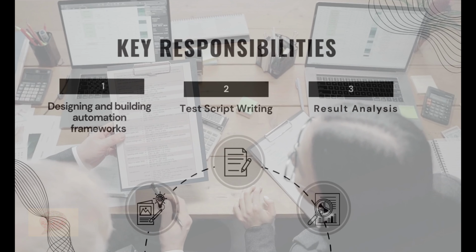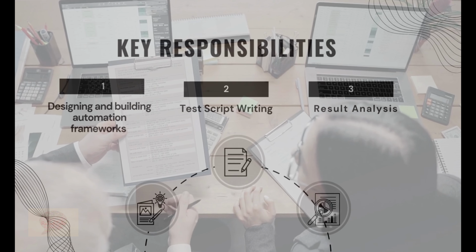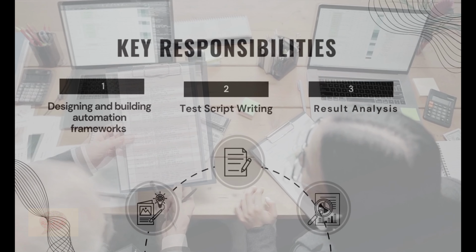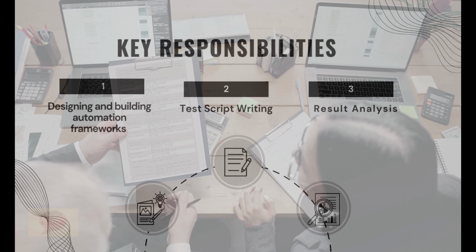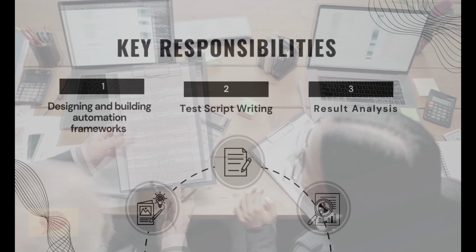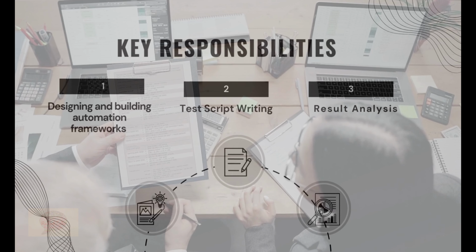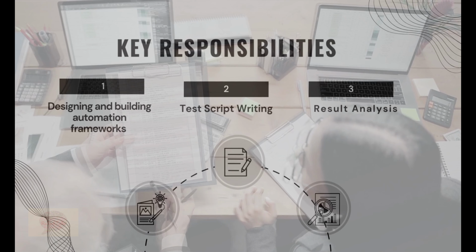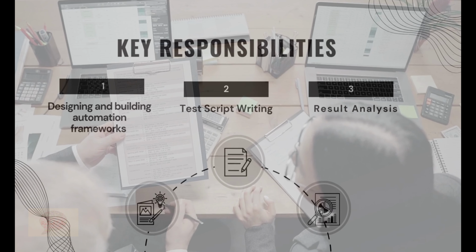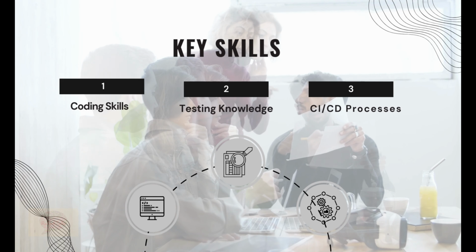In automation framework building, they have to design and build automation frameworks for tests, enabling efficient and effective testing processes. They have to write and execute automated test scripts to ensure the functionality and performance of the software application. And they have to analyze the test results to identify issues and areas for improvement in the software.